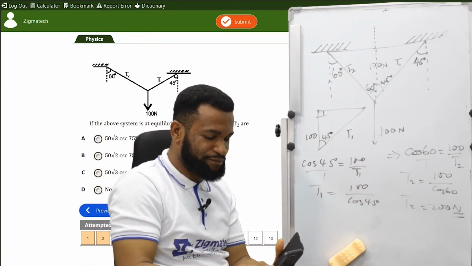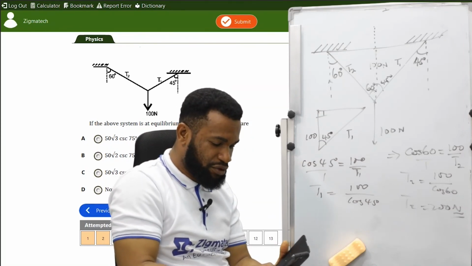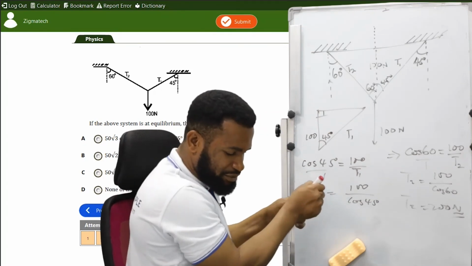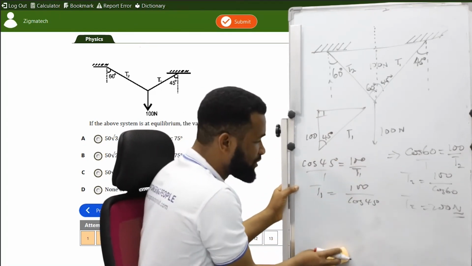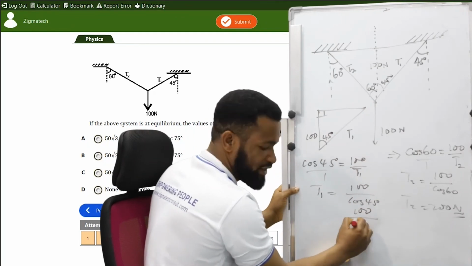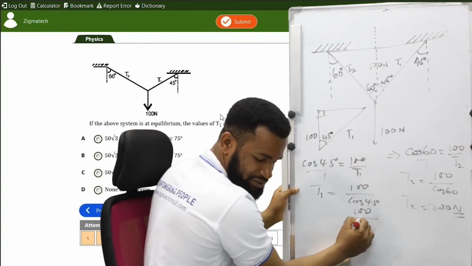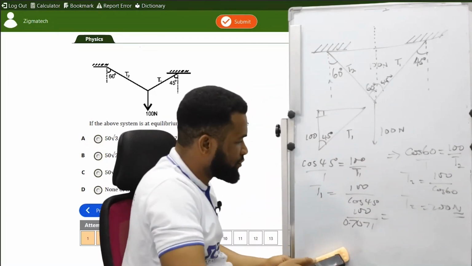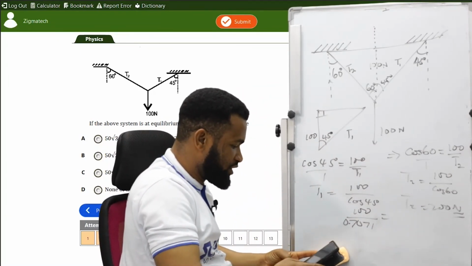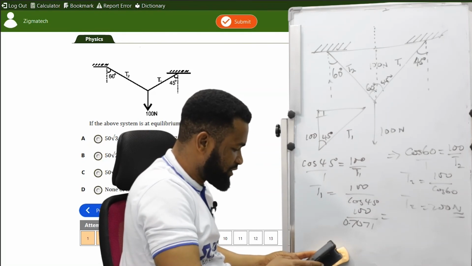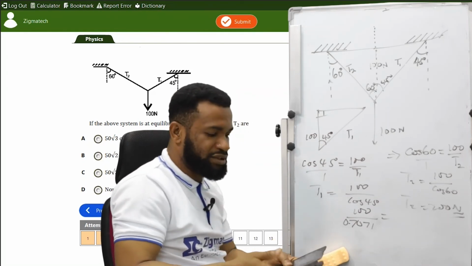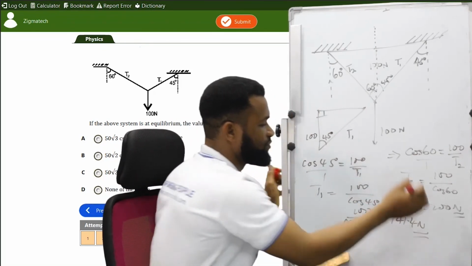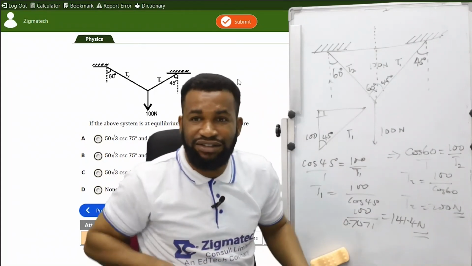I have cos 45 as 0.7071. 100 over 0.7071, and that is 141.4. 141.4 Newton.